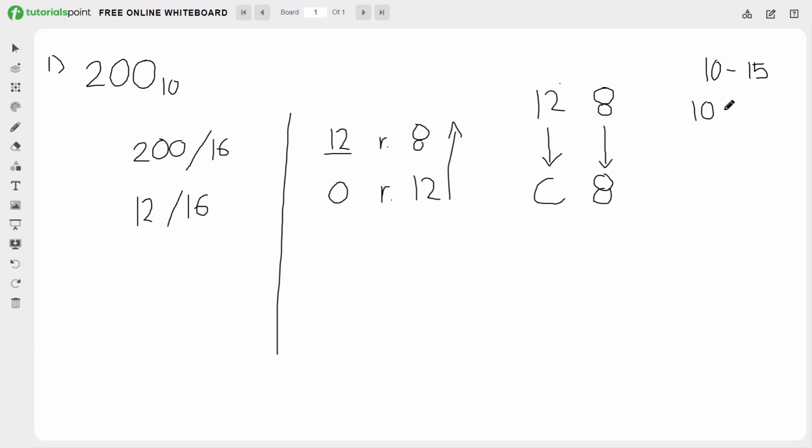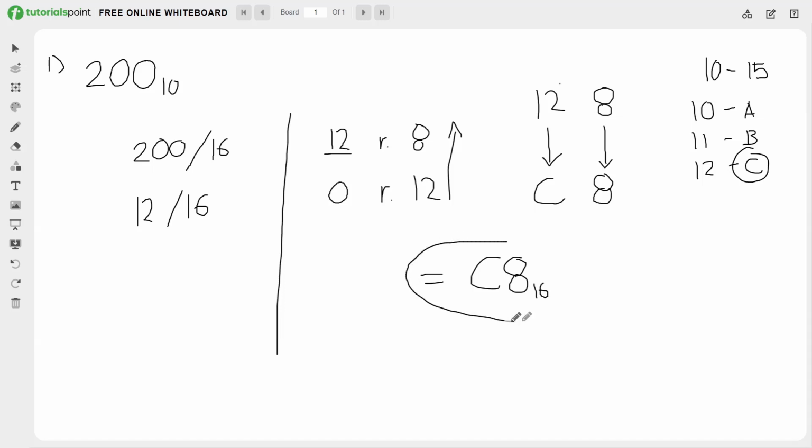So 10 is A, 11 is B, and 12 is C. So the hexadecimal number of 200 is equal to C8. And don't forget to add its base 16, so we could identify if it is a decimal number or a hexadecimal number. So here is the answer for number 1.